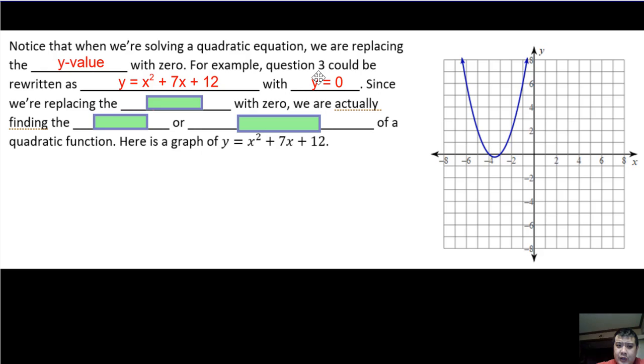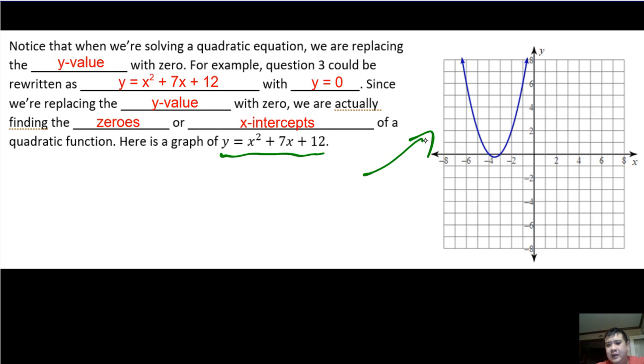So essentially, since we're replacing the y value with 0, what we're actually finding is the zeros, or the x-intercepts, of the quadratic function. So right here is a graph of x² + 7x + 12. And remember, in order to find the x-intercepts of any equation, we're going to plug in 0 for y.